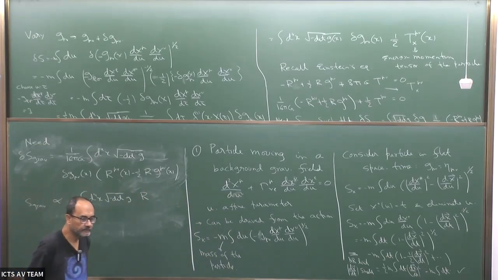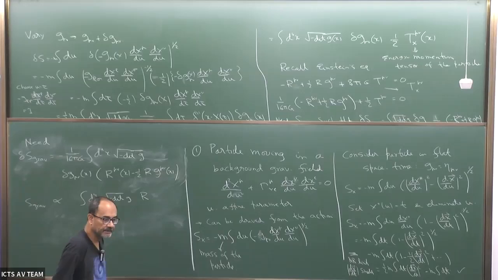Okay. So you expect that S gravitational should be proportional to this. The equation of motion had two derivatives, and then the action should have how many derivatives? Two derivatives. Each term in the action must contain a net two derivatives, right? And this one does.